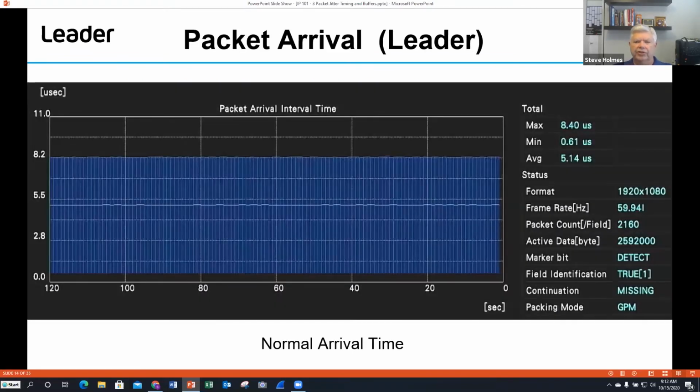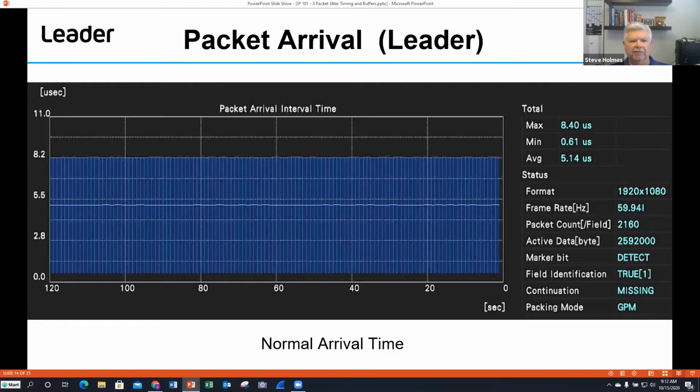So here's actually a view of normal arrival time coming out. In this case, this is an LV5600, looking at an audio, video, and data flow as it's coming down the pipe. And what we're actually looking at here is the time between packets, how often the packets are coming, and how evenly spaced these particular packets are.